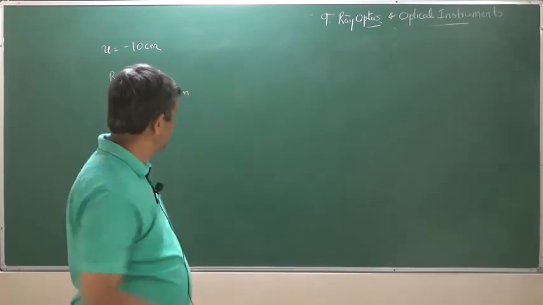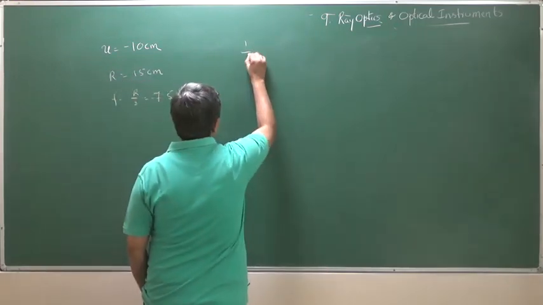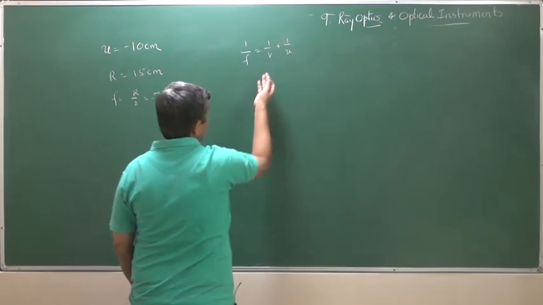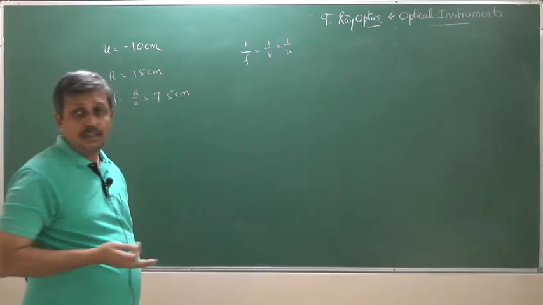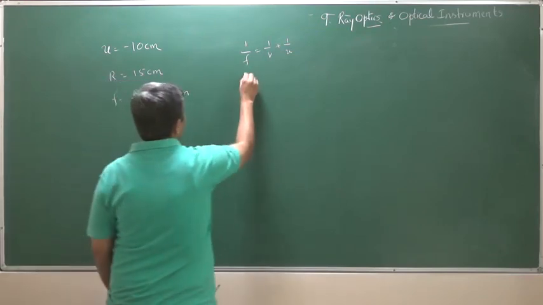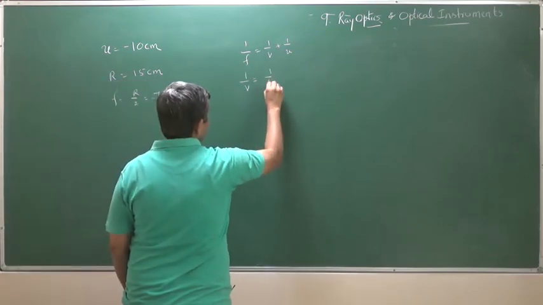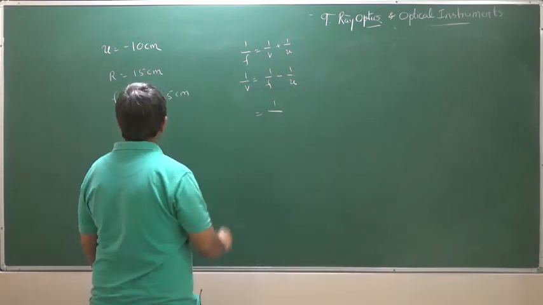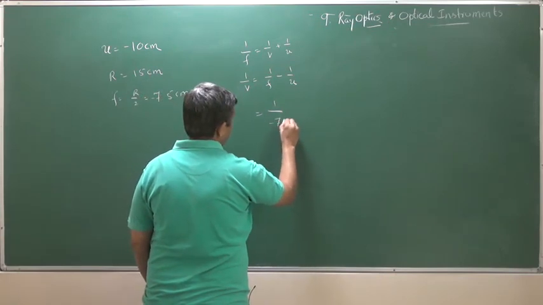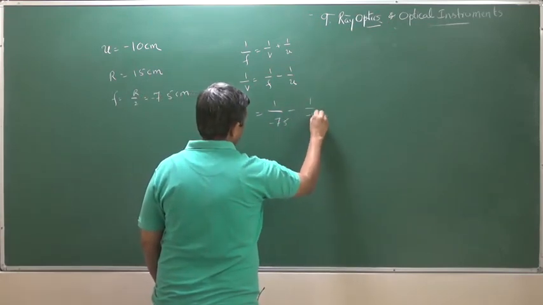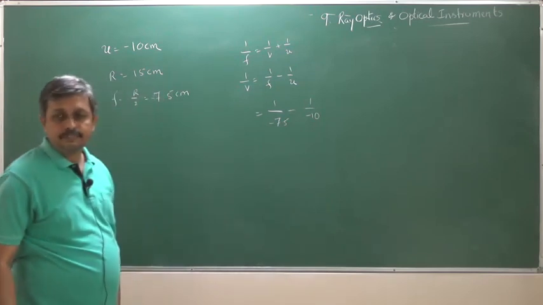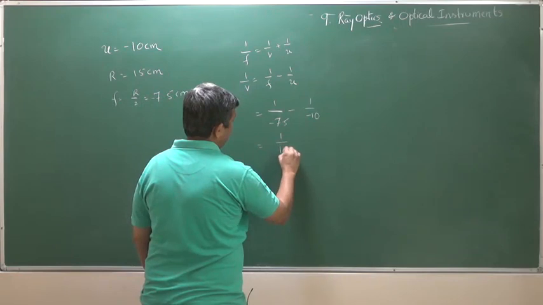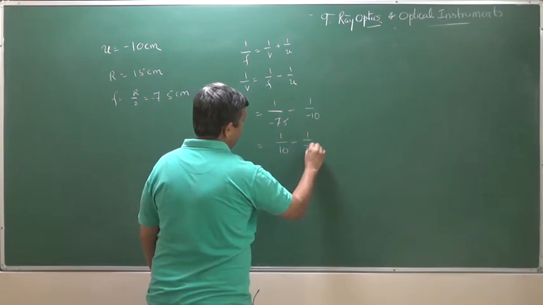Let us write down 1 by f is equal to 1 by v plus 1 by u, and we want to find out the image distance. So 1 by v is equal to 1 by f minus 1 by u, which is minus 1 by 7.5 minus of minus 1 by 10. So this means 1 by 10 minus 1 by 7.5.